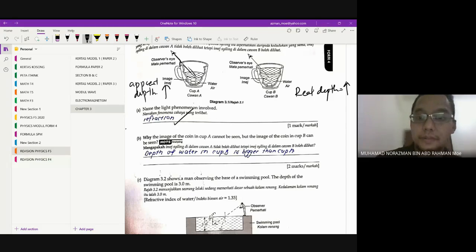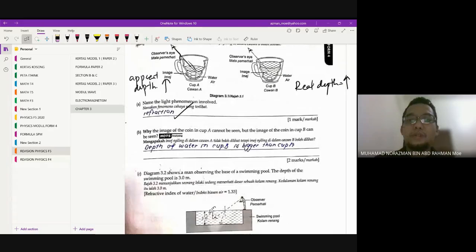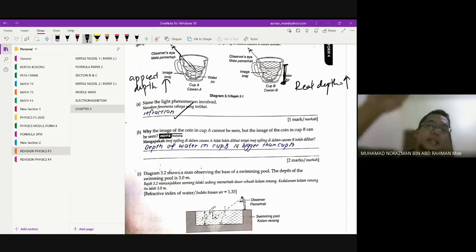Yep. Okay. So how can we? What can we do if we want to increase the apparent depth? We need to increase the depth of real image. Okay, this one. Okay, kita increase, kita letak lagi banyak air, so the real depth increase lah.